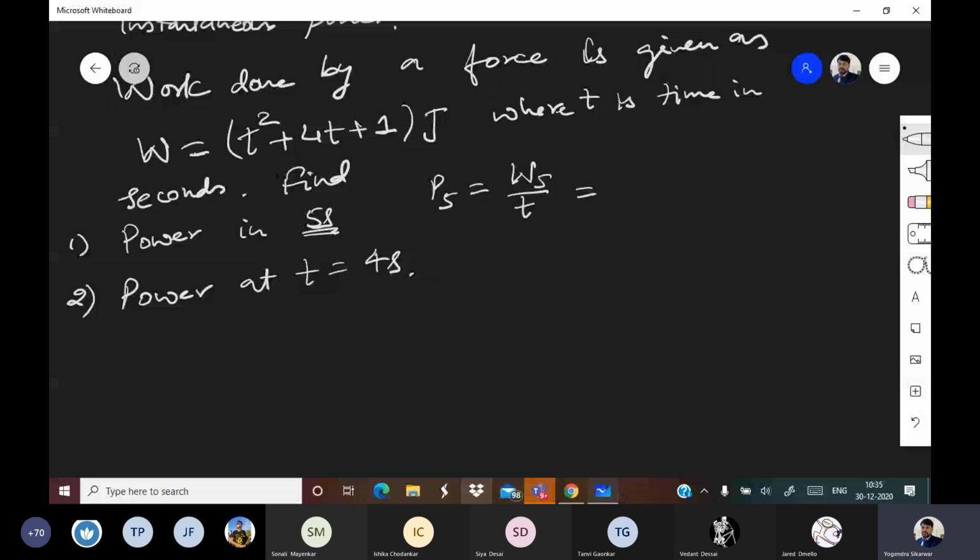W5 means 5 square plus 4 into 5 plus 1, upon 5. 5 square becomes 25. 25 plus 20 becomes 45, plus 1 becomes 46. So 46 upon 5. So this is the answer.